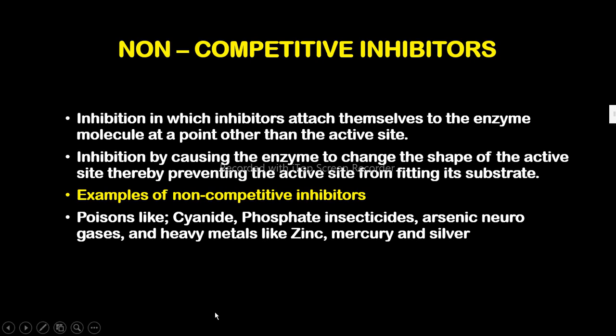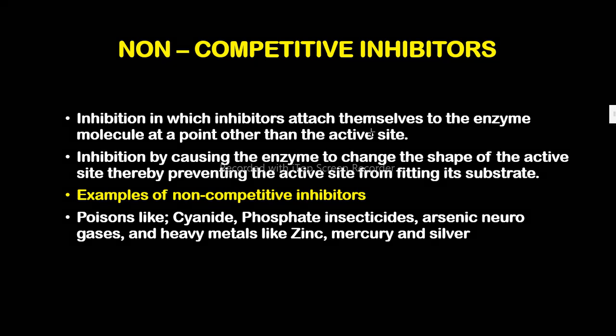Then with non-competitive inhibition, the inhibitor attaches somewhere other than the enzyme active site. So it is inhibition in which the inhibitor attaches to the enzyme molecule at a point other than the active site, and this is the allosteric site. It causes the enzyme to change the shape of the active site, thereby preventing the active site from fitting its substrate.